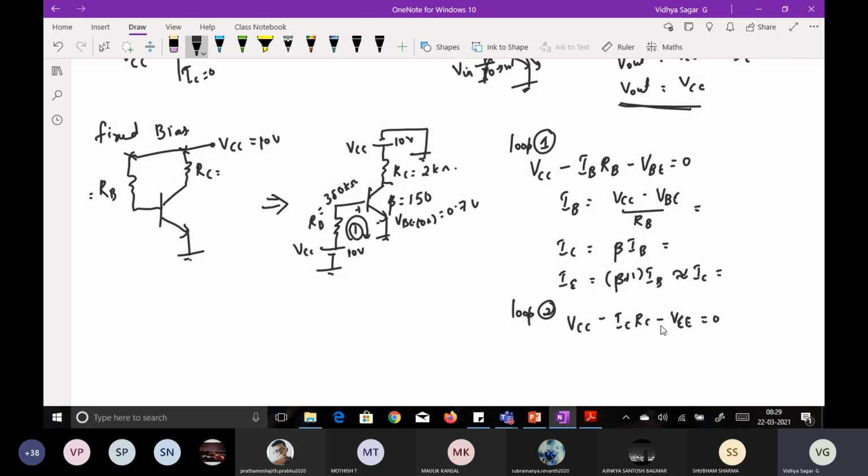If you have any doubts, you can just stop me. So VCE will be equal to VCC minus IC RC. We know VCC, IC, and RC, so accordingly you can find it. Can you tell me the values? Calculate it.